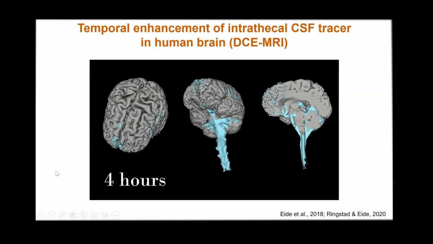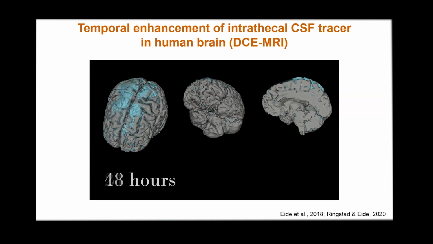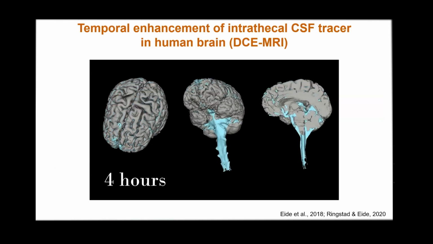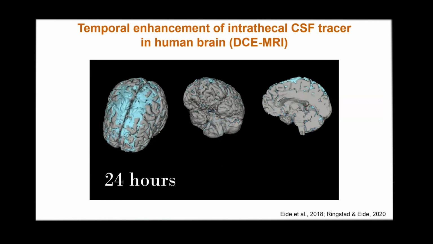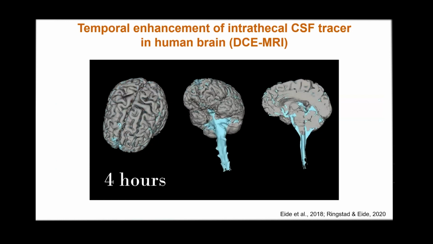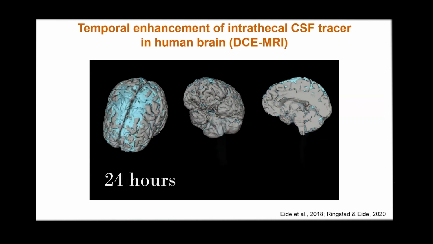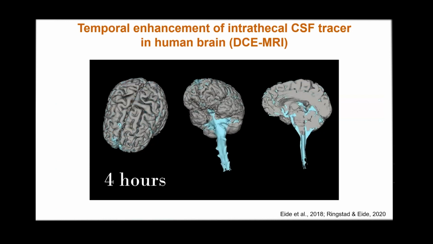This is an overview of how the gadolinium is enhanced in the different brain regions over time. So it's an intrathecal administration of gadolinium, and then you do longitudinal T1 mapping to see where and how the enhancement is getting into the brain.